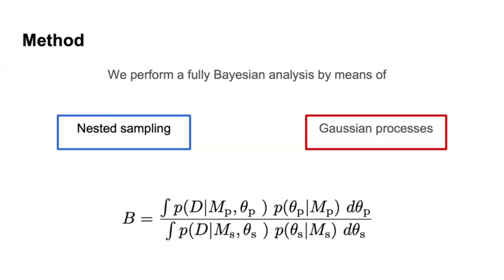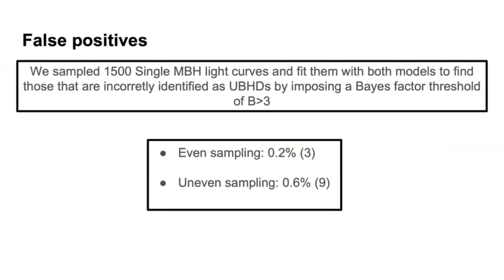So we assessed how many false positives we have using this method. To do so, we sampled 1,500 single massive black hole light curves. We fitted them with both models. We found those that are incorrectly identified as UBHTs by imposing a Bayes factor threshold of 3.